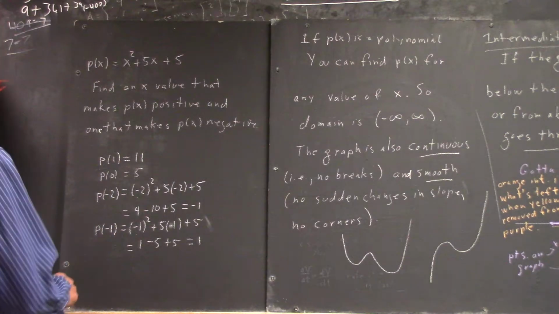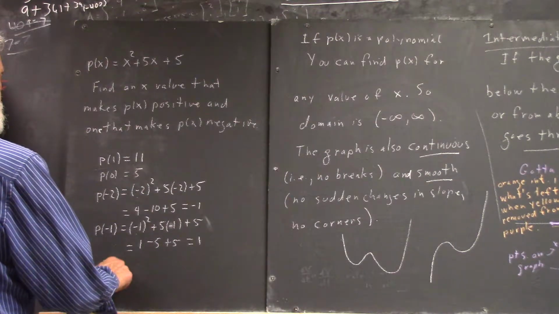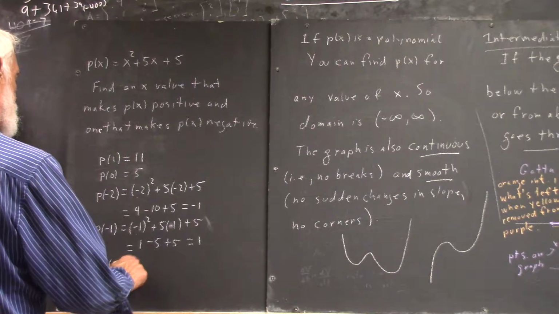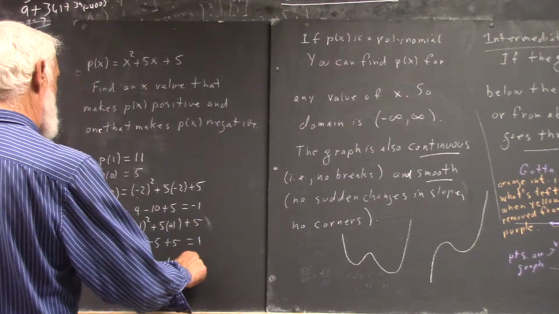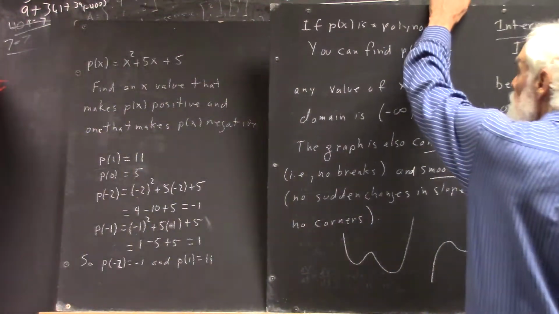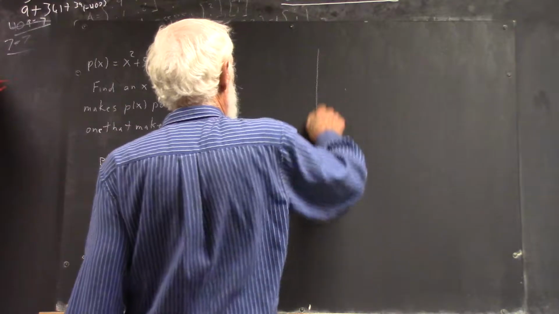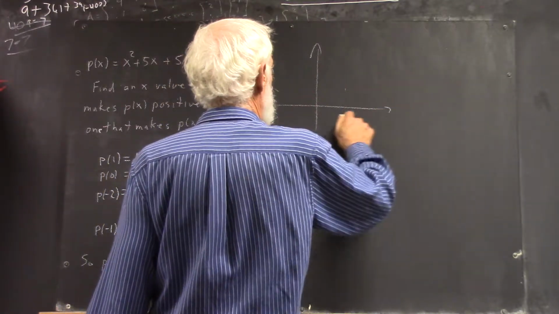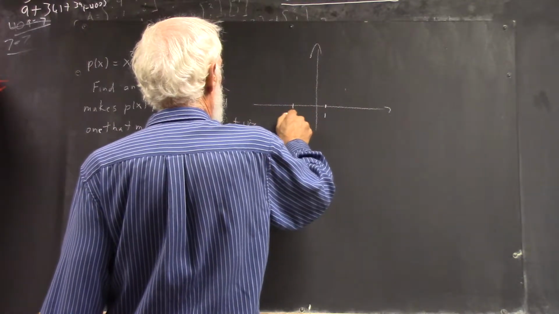Okay, so well, on a graph, okay, here's 1, here's -2.